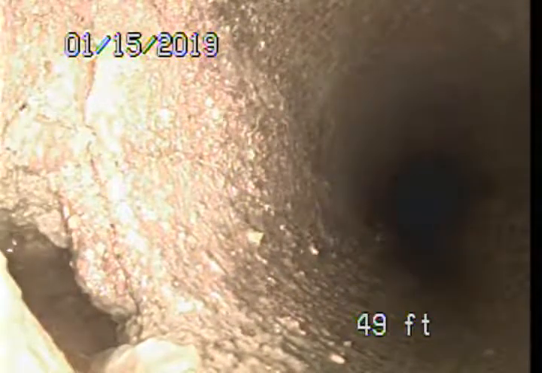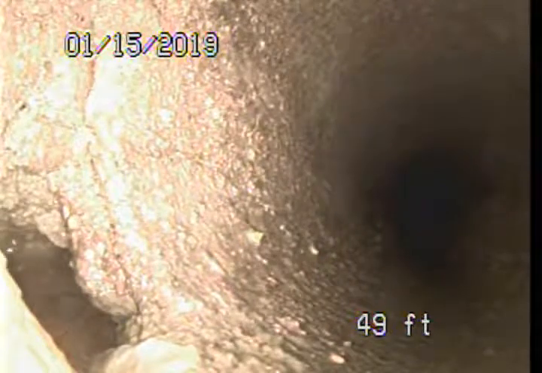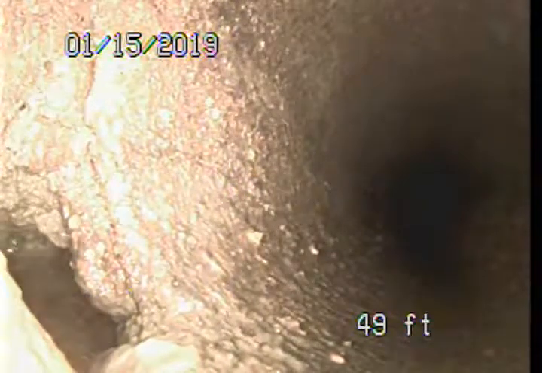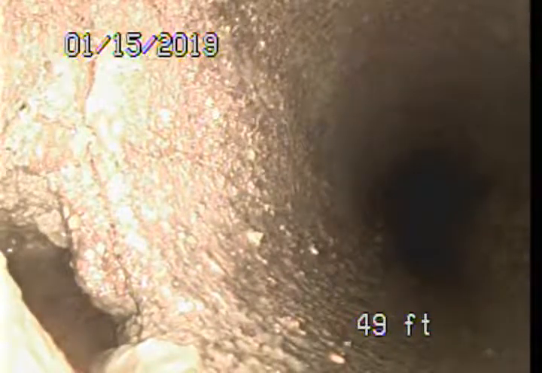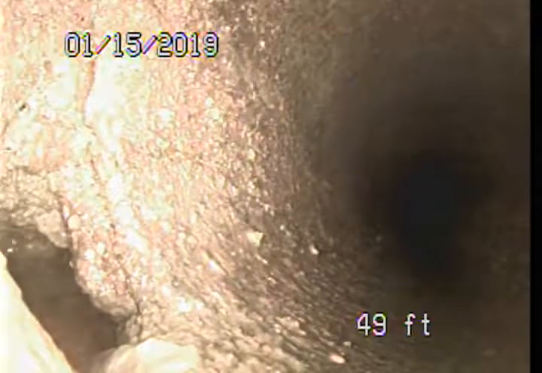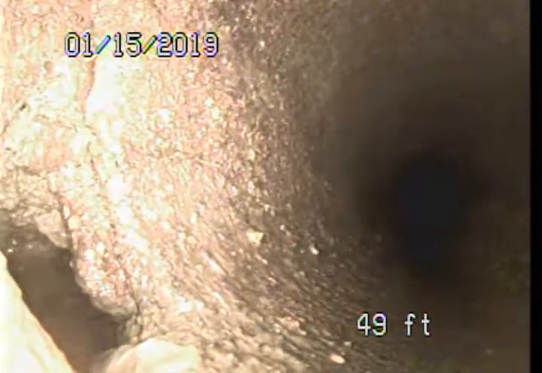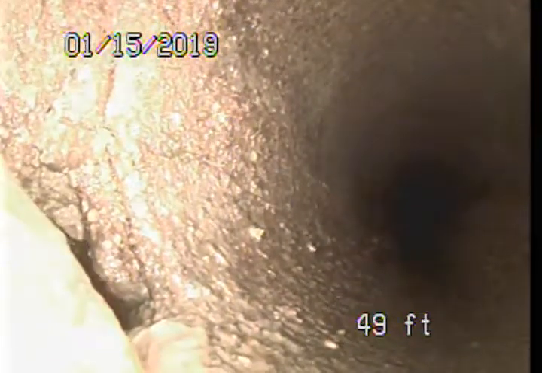This still might require coming in and actually digging up this portion. Going ahead and locating this out, this is essentially under the sidewalk. It's located at a depth of about 5.5 feet deep, and corner of the property just on the other side where the sidewalk is, and that's going to have to get repaired.